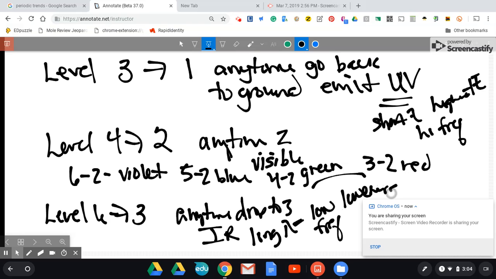This is why I had you understand the relationship between these. So when you're looking at these, sometimes we may say, well, 3 to 1, that's not a big amount. 4 to 2 is around the same amount of energy, but you've got to look at the kind of light.